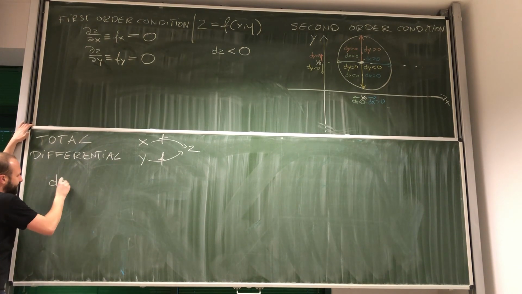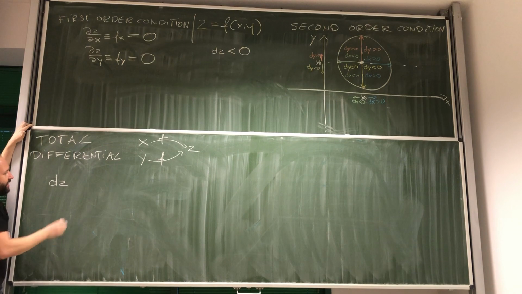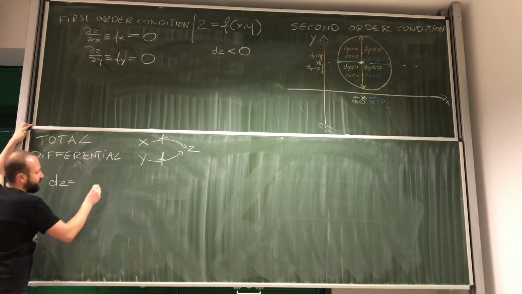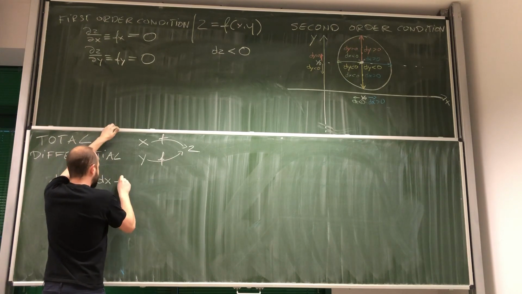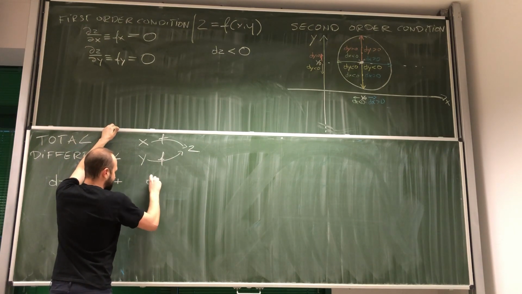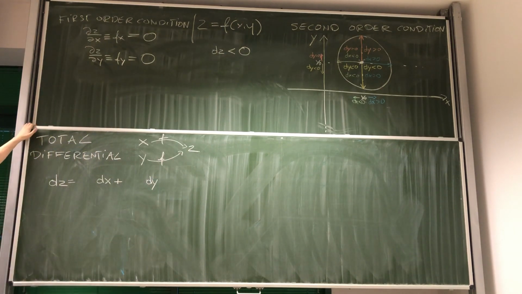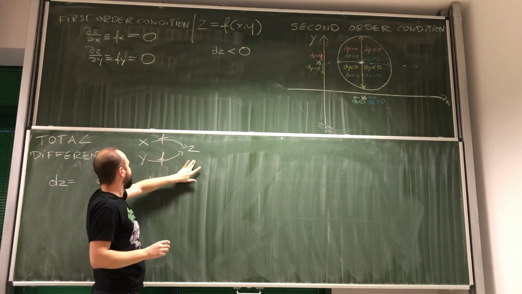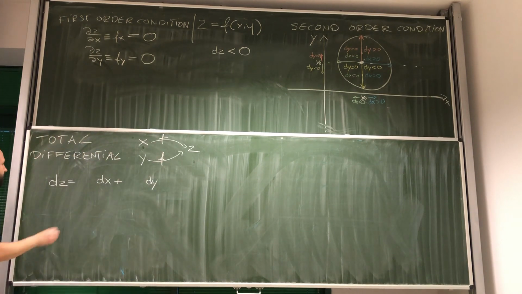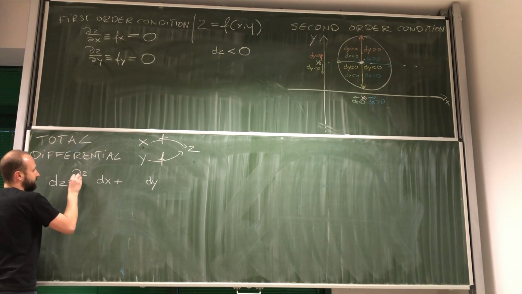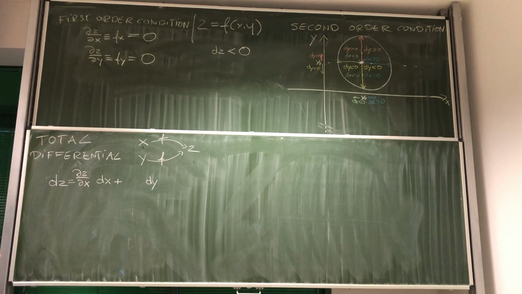Look, now, change in z can come from two sources. First is change in x, and the second one is change in y. Now, how z is changing as x is changing, this is of course described by partial derivative dz dx.